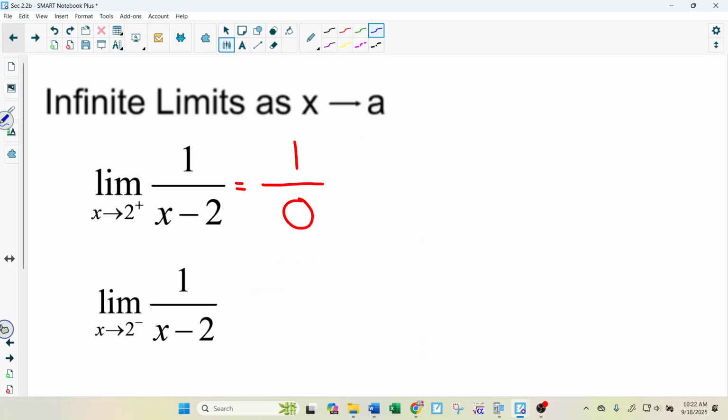So it goes back to here. We can't plug 2 in exactly because we get 1 over 0, which is undefined. But the whole idea of a limit is if we plug numbers in really, really close to 2, this gets really, really close to 0. Now, if you're approaching from the right, are the numbers you're plugging in bigger than 2 or less than 2?